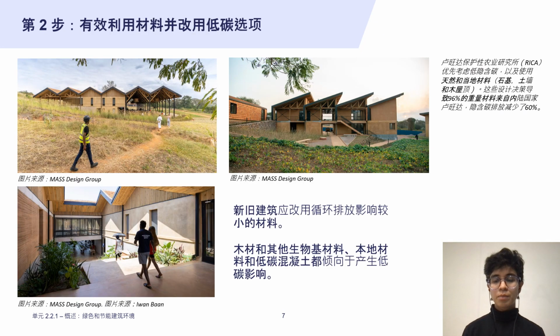The second step of the C40 clean construction hierarchy is to use materials efficiently and to switch to low carbon and local alternatives. It applies to existing assets as much as to new construction once the latter has been deemed necessary.